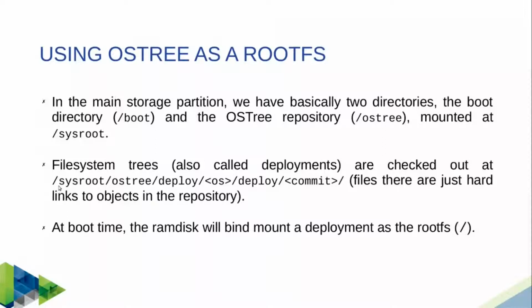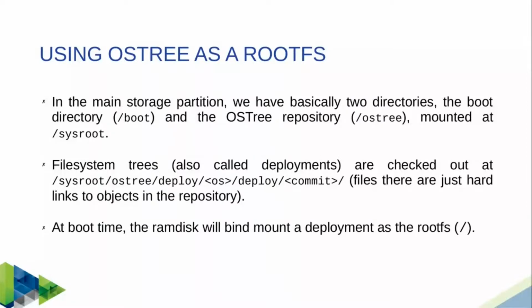And this is done in a specific directory, this one, ostree/deploy/your-operating-system-name/deploy/ the commit of the file system that you want to use. And the initrd script will, at boot time, bind mount this directory at your / root directory and then switch root to it.